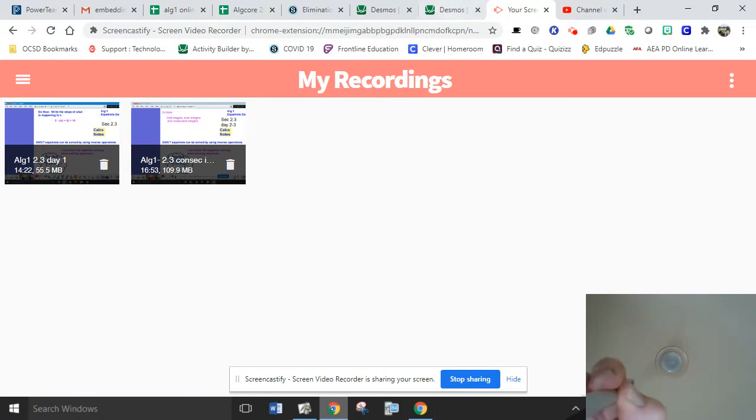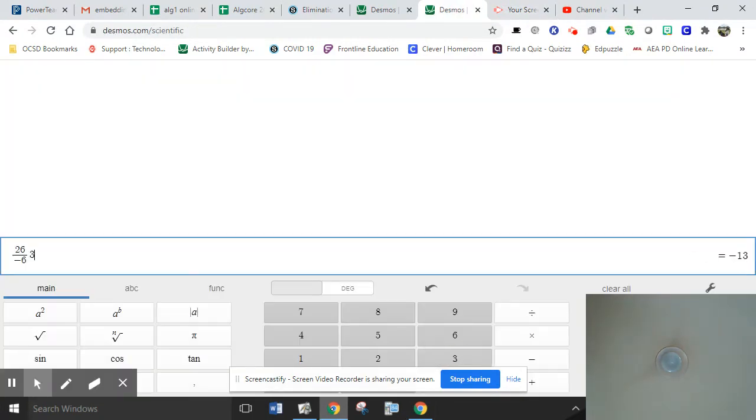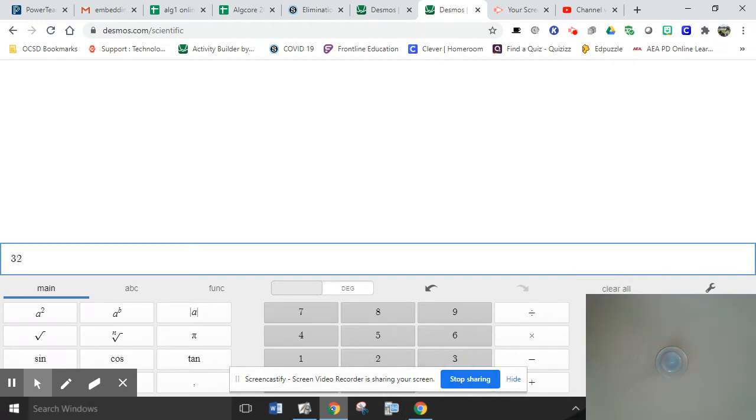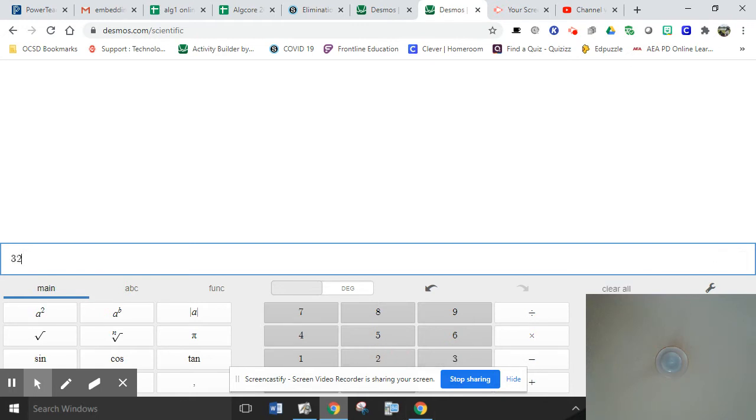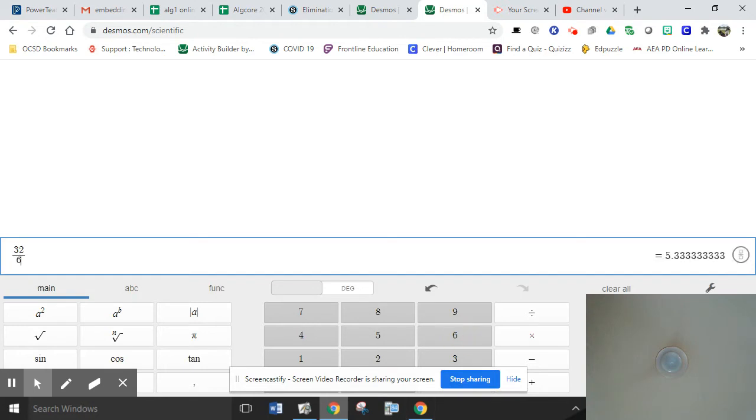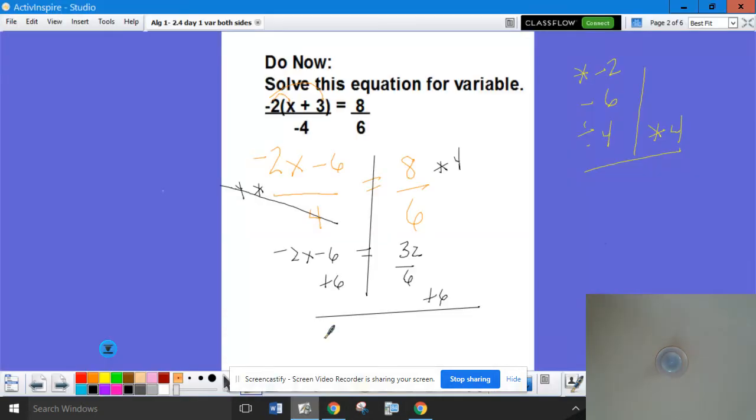So we have 32 divided by 6. And we're adding 6. Whoops, that's not going to work. I got to get out of that fraction there. So plus 6. And I want a fraction. So that's giving me 34 over 3. So I have negative 2x equals 34 over 3.